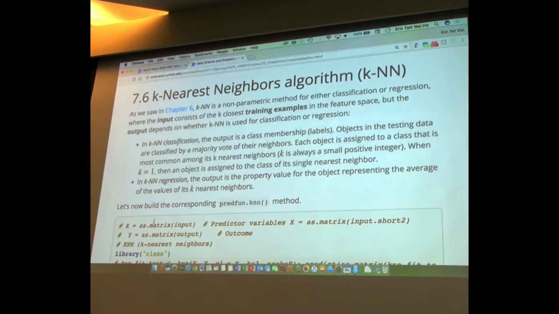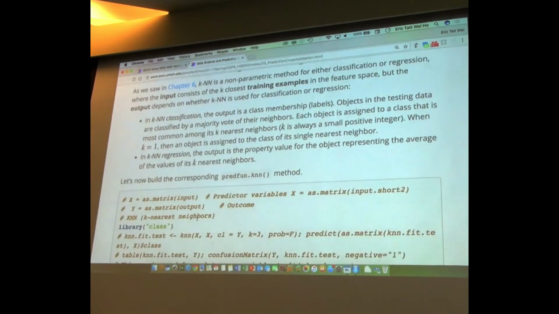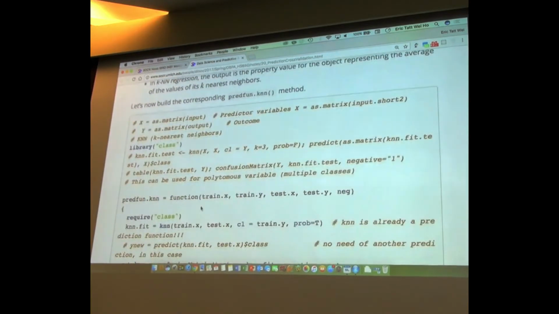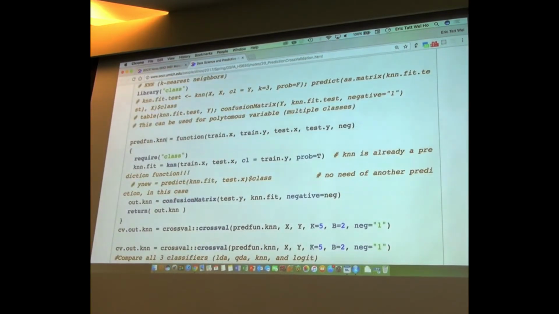Next comes the k nearest neighbors algorithm for classification. Again, we define yet another function, KNN predict. Here is how the model gets trained. KNN, you provide the training and the testing data, and only provide the classes for the training, not the testing.